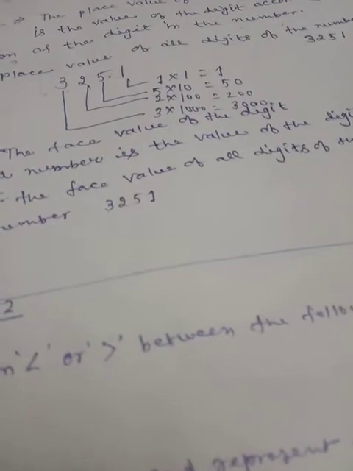The face value of 1 is equal to 1. The face value of 5 is equal to 5. The face value of 2 is equal to 2. And the face value of 3 is equal to 3.